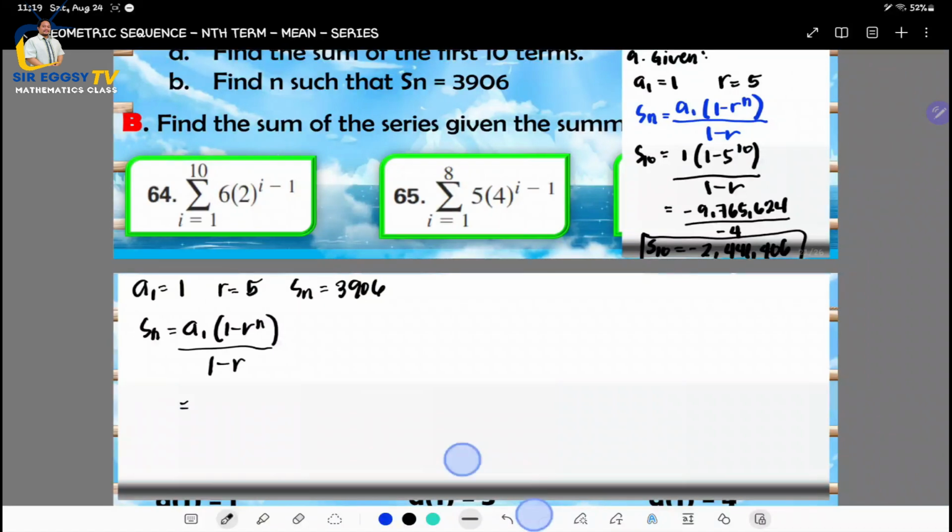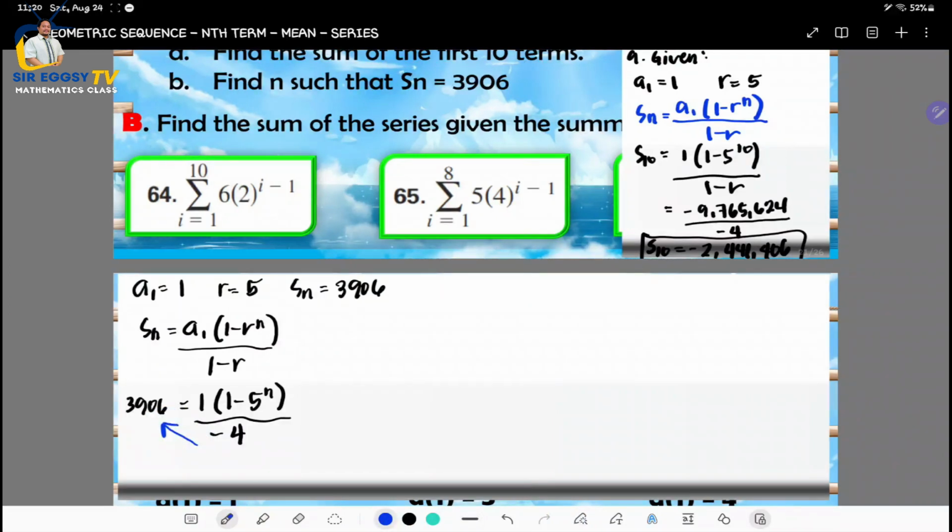By substitution, since S sub n is given, which is 3,906, and a sub 1 is 1 times 1 minus 5 raised to n over negative 4, since we have already discussed that. Okay, so in order to remove the denominator, we're going to do cross multiplication.